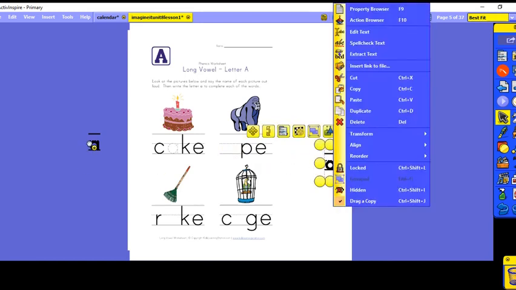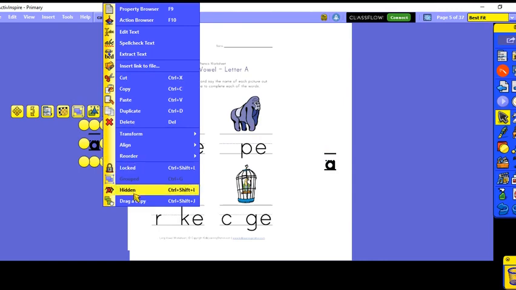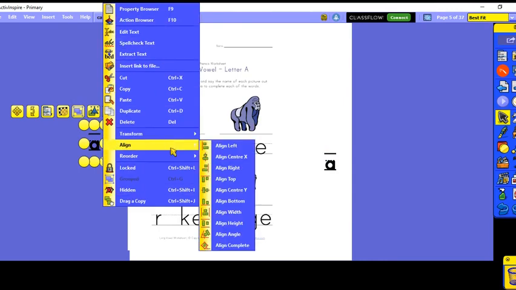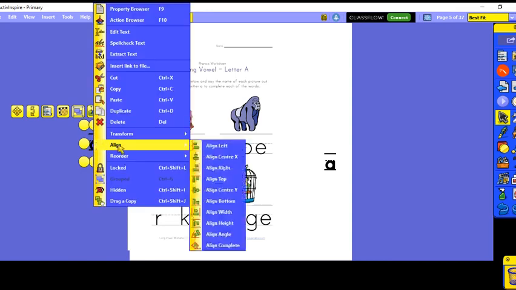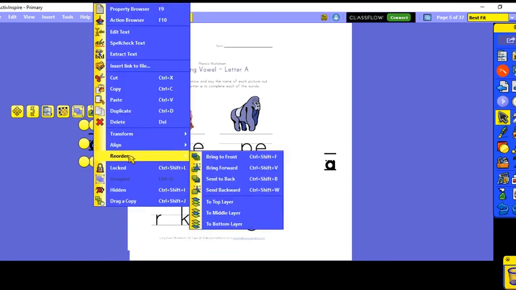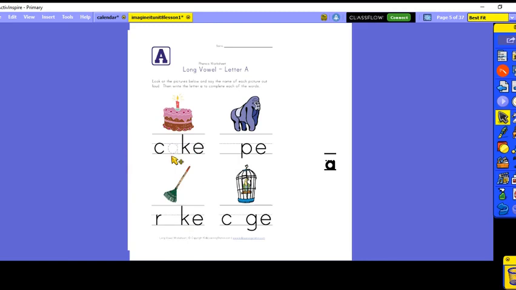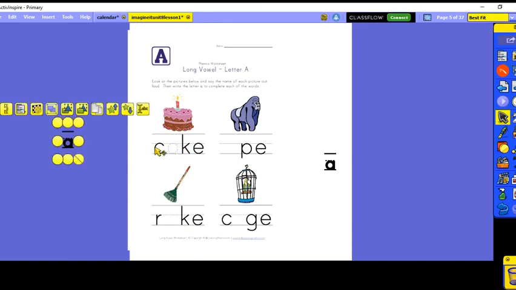We can do it like this. All right. Ache, ape, rake, and cage all have the A sound in them.